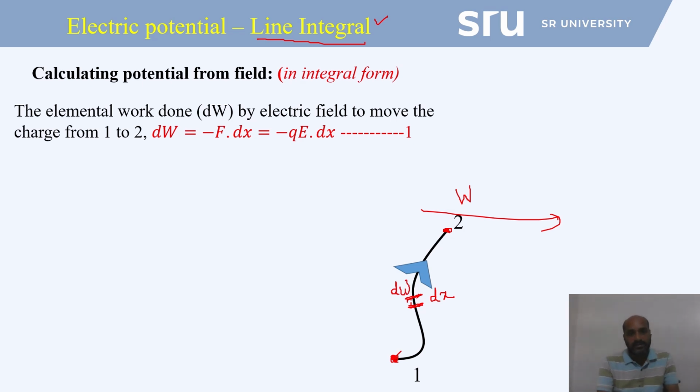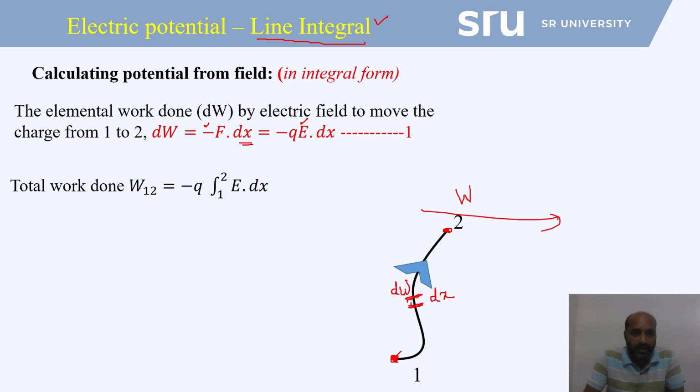Right? So the work done to displace the charge by an amount dx is minus F dx. Here, the minus is indicating that the work done must be against the electric field. So this force is equal to QE, and dW is minus QE dx.